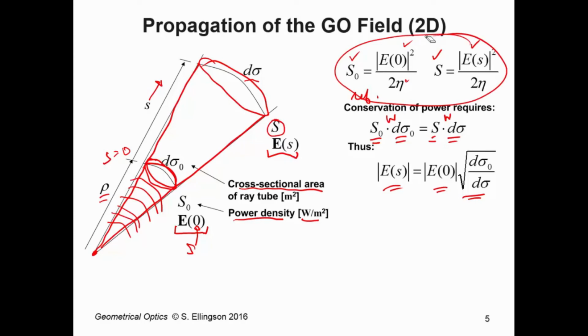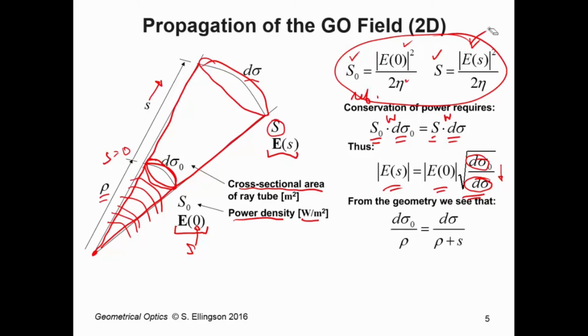So what we see is that as we get further and further along this ray, this area here is getting bigger. This area here is staying the same. So the electric field magnitude is decreasing with increasing distance, as you'd expect, and it's decreasing the right way, that is, to satisfy these relationships.